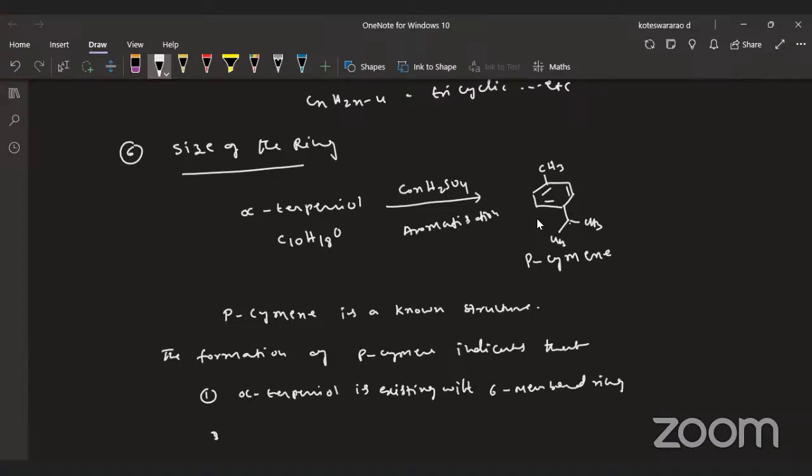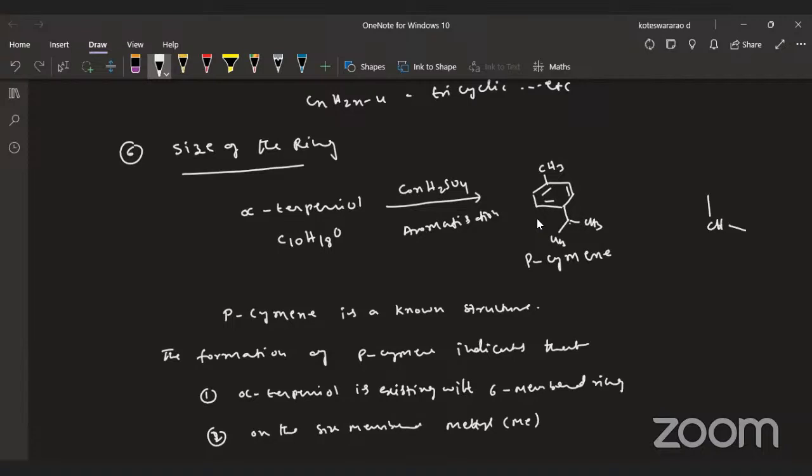Next, second one, on the 6-membered ring, methyl group and isopropyl groups are present. This is the isopropyl group.